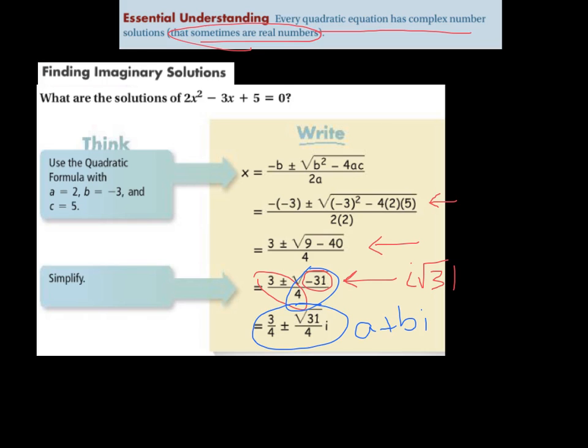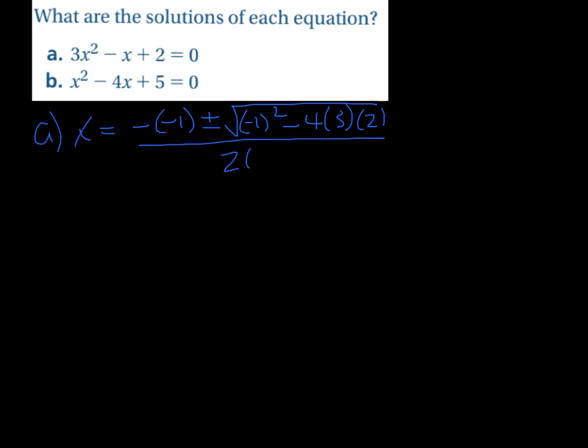Okay? So let's work through another example. If we look at example A, 3x squared minus x plus 2, to solve that, we're going to take the opposite of b, so the opposite of negative 1, plus or minus the square root of b squared minus 4 times a times c, all divided by 2 times a.